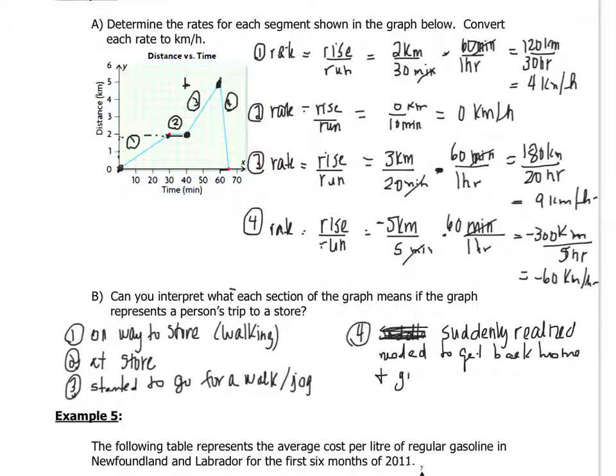And got a ride with someone. Because they went back fairly quickly, and the speed went up to 60 kilometers per hour. So they probably got to drive. Maybe they saw a friend or something and got to drive home.